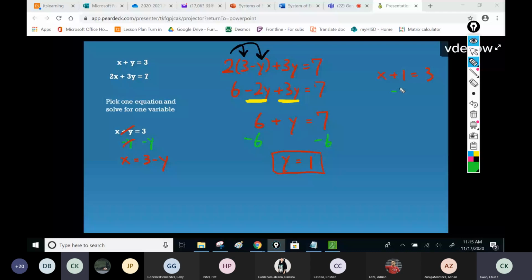So x equals 2. That means each taco costs $2, and each glass of milk costs $1.